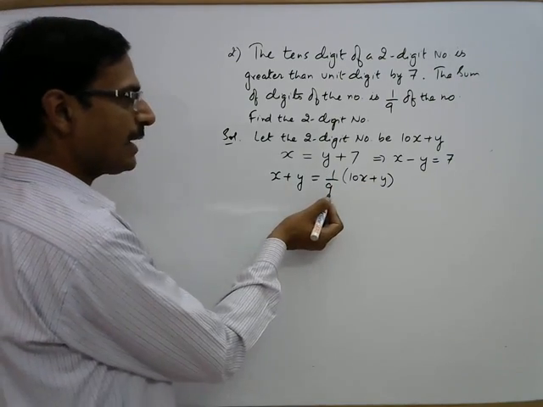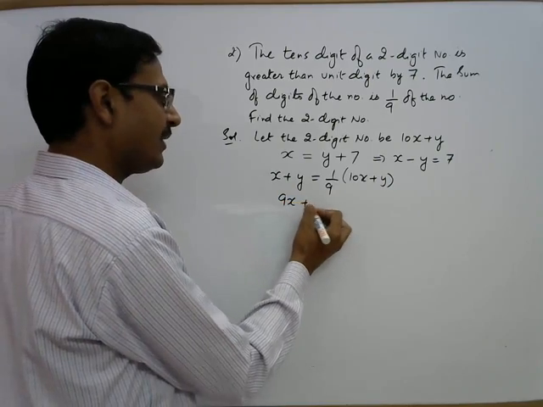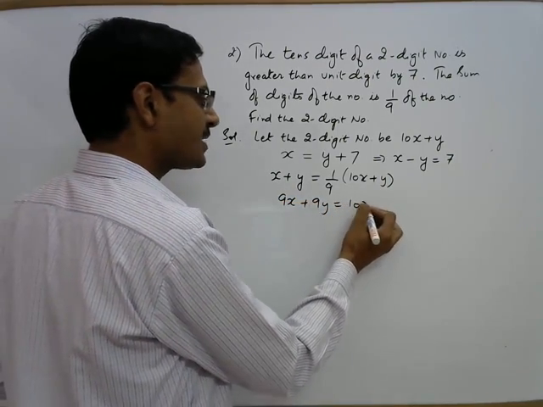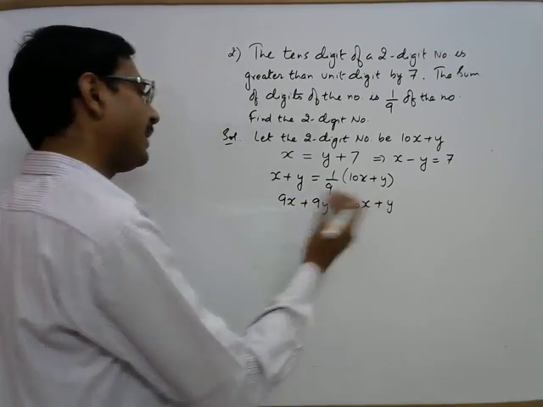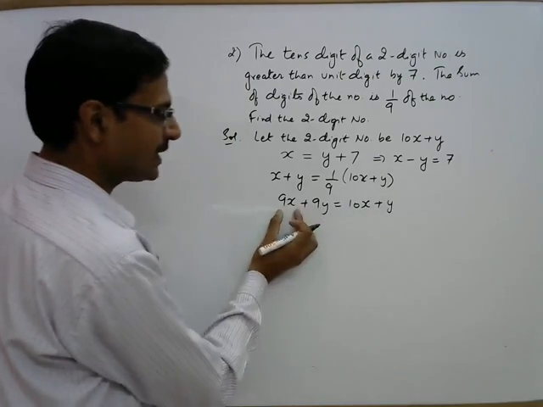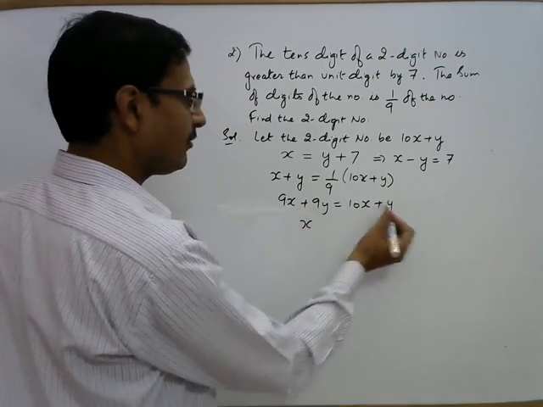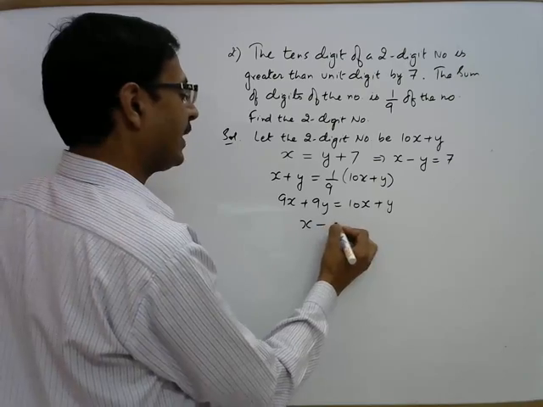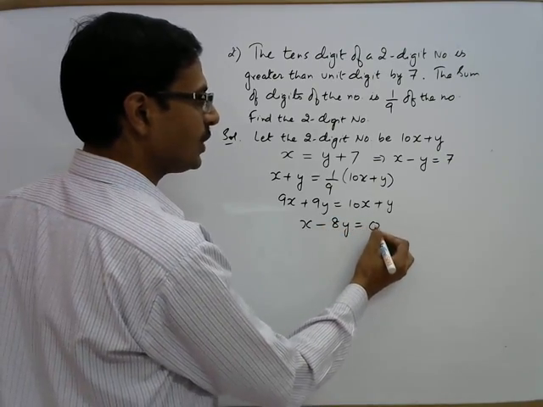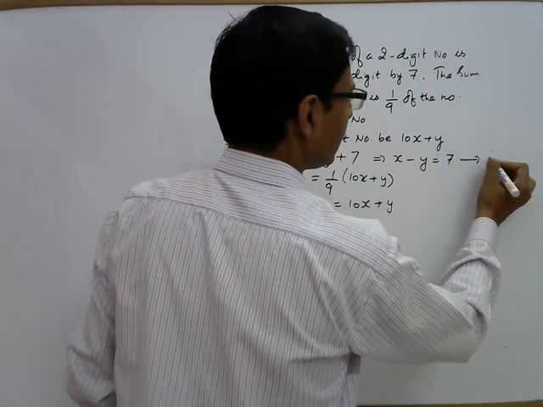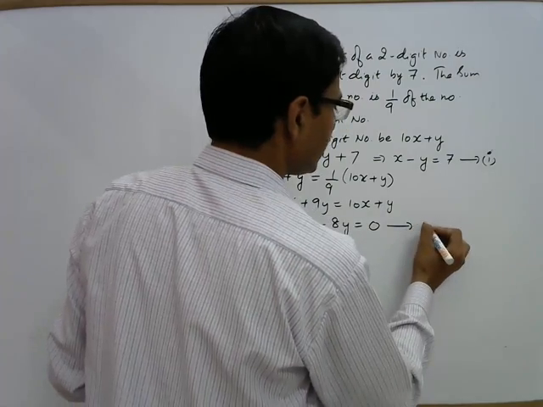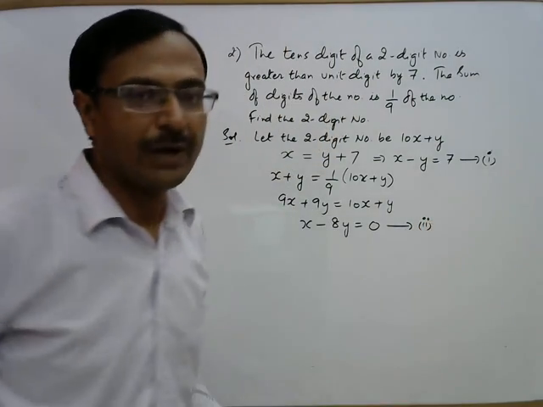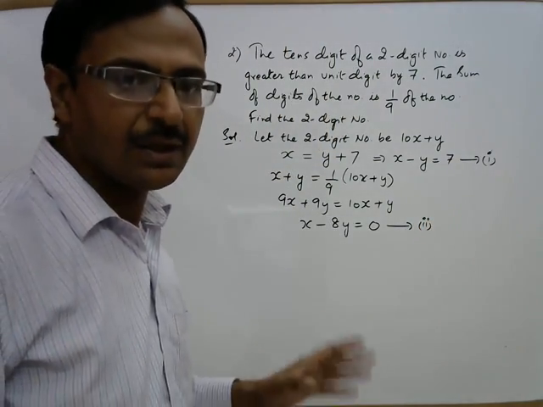Just cross multiply: 9x plus 9y equal to 10x plus y. Now bring everything to the other side, because 10x minus 9x will become x, and y minus 9y will become minus 8y, equal to 0. So this is the second equation, and the first is x minus y equal to 7. We need to solve these to find the values of x and y.